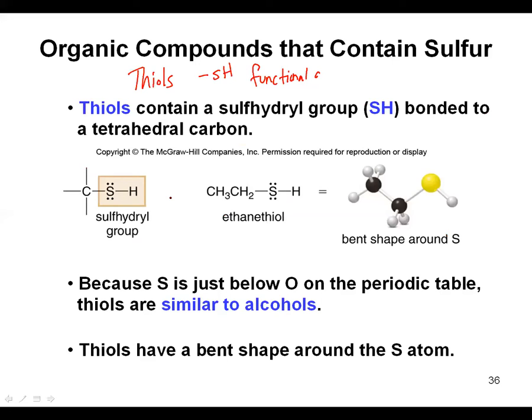The SH bond is similar to the OH bond that we see in alcohols, and it is similar in terms of electronegativity. If you look on the periodic table, S and O are very close to each other, so thiols have very similar properties to alcohols. Just like an alcohol that looks like this, which is ethanol, this thiol is pretty identical.